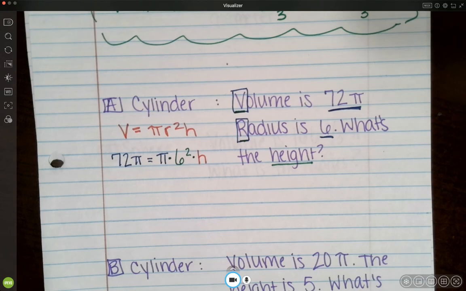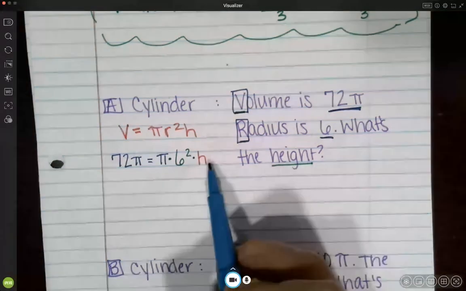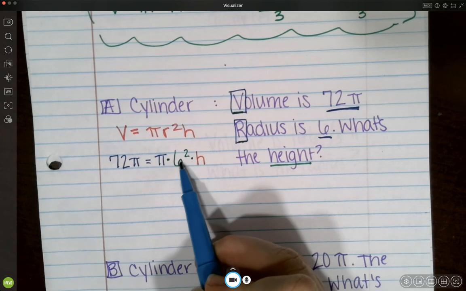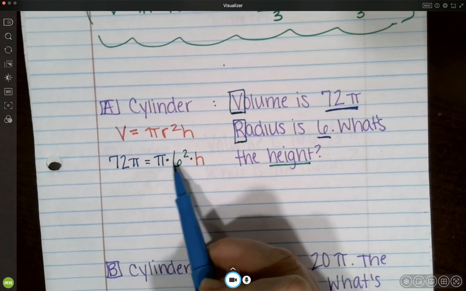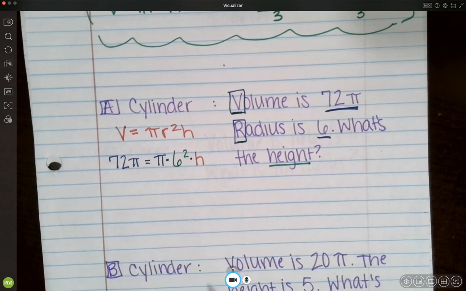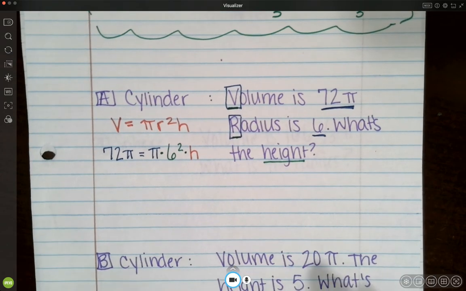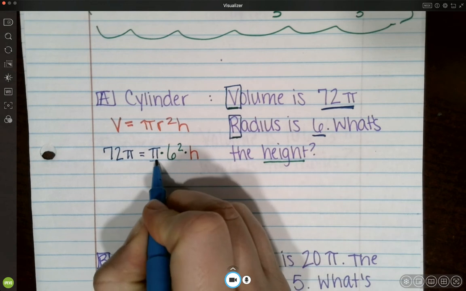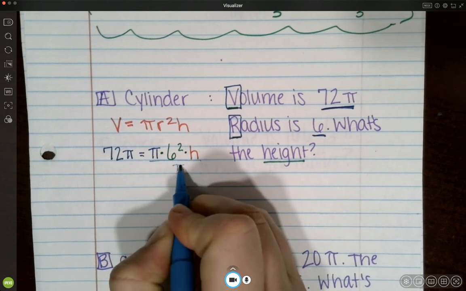The first thing I need to notice is what's happening to H. H is being multiplied by 6 squared, and H is being multiplied by pi. So what I can do is the opposite operation in order to get H by itself. First, I can divide by pi.